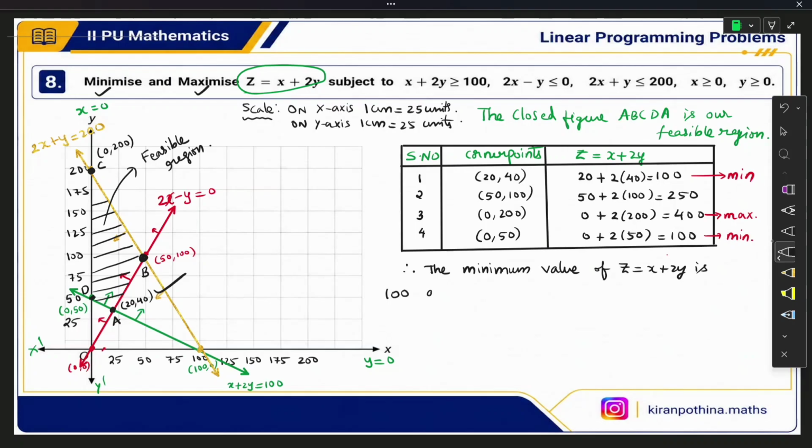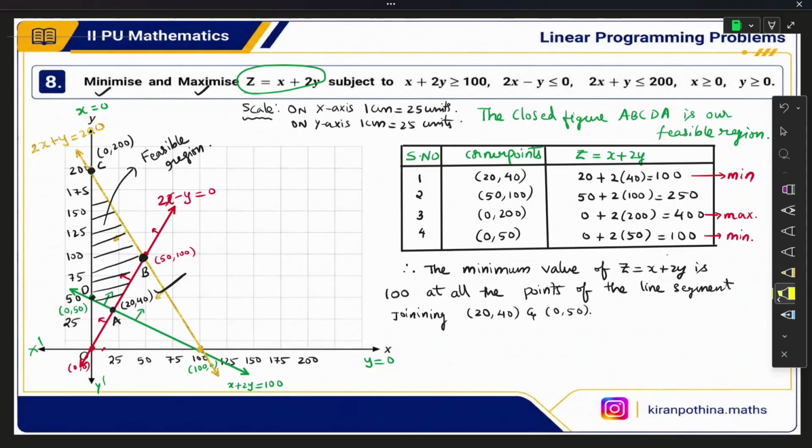So the minimum value of z equal to x plus 2y is 100, but at all the points of the line segment joining the first point 20, 40 and 0, 50.